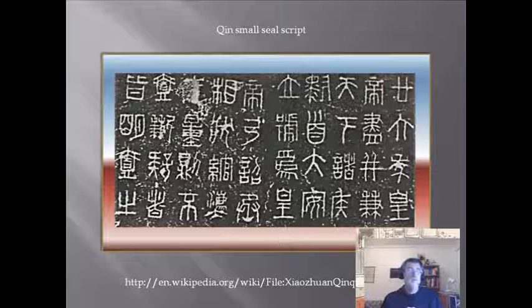So I guess what I'm demonstrating to you here, and I'm not an expert in ancient characters, I'm not an expert in classical Chinese, but already I can see characters from over 2,000 years ago that I can recognize. Some of the meanings may have changed a little bit over time, but essentially the basic meanings are the same. Alright, so that's the Qin small seal script.